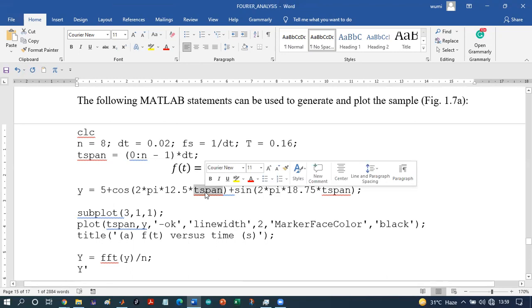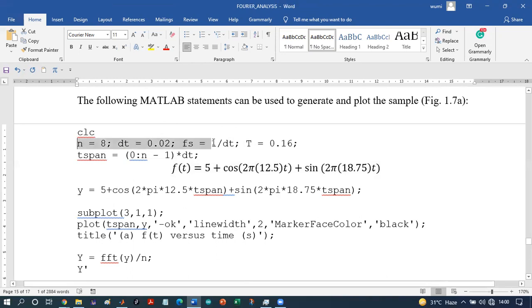So remember, if the question should change, this formula too is going to change. Depending on the question, everything will change. For instance, if you are given different values of n, instead of putting 8, you put the value that you were given in the question.